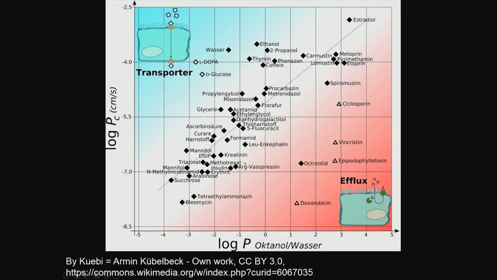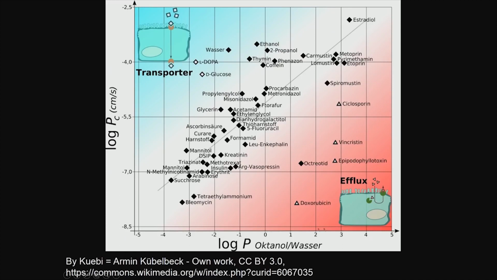Log P also plays a very important role, as I said, in permeability or diffusion. This is data which was taken from this reference, so we have to acknowledge this.